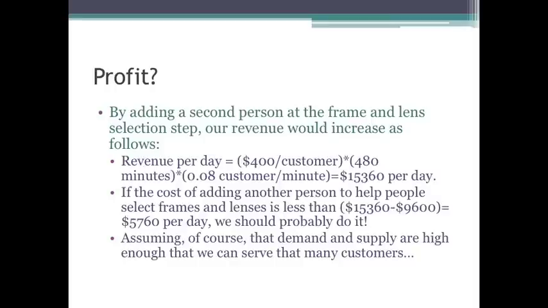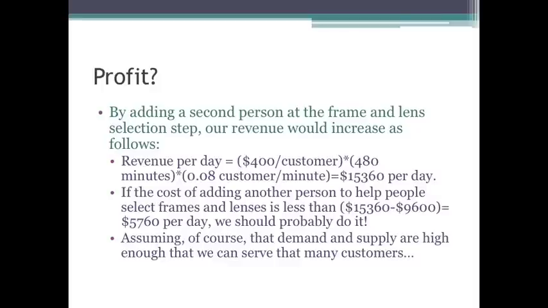Now, we do need to have a caveat here. After all, we play to win the game. If demand and supply are high enough that it's worth it, then we should add more people. However, remember, it is possible to be starved by supply. It is possible to be blocked by demand. As such, whatever we get done needs to have a purpose.